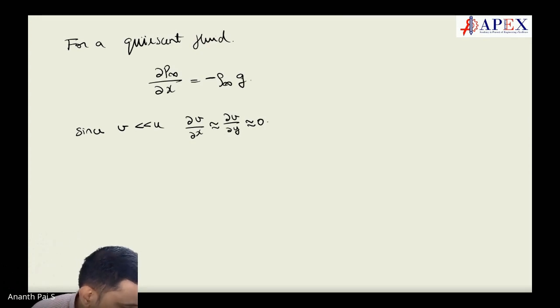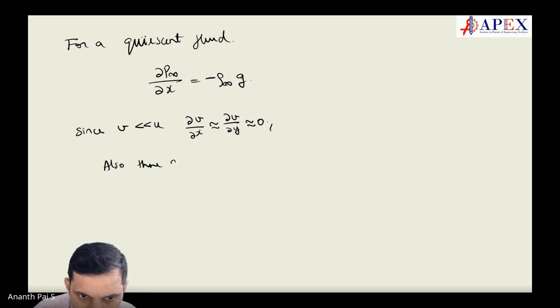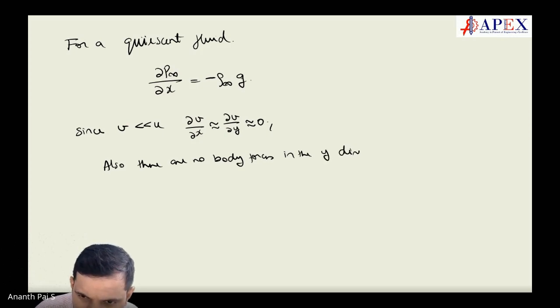Correct. That is understood. Also, there are no body forces in the Y direction. So what happens? Dou P by dou Y is nearly equal to 0.